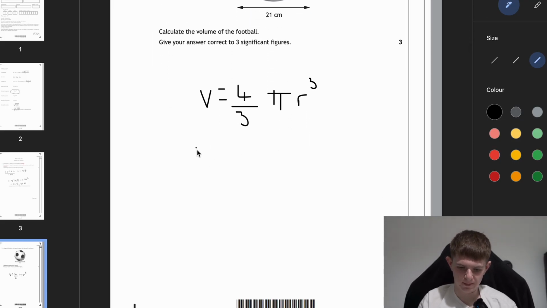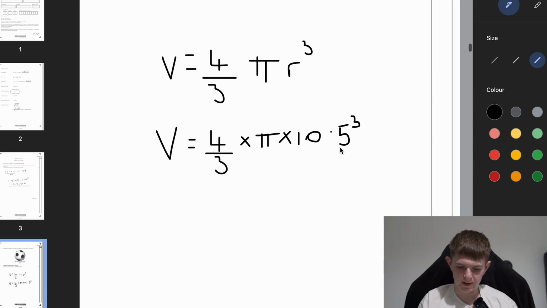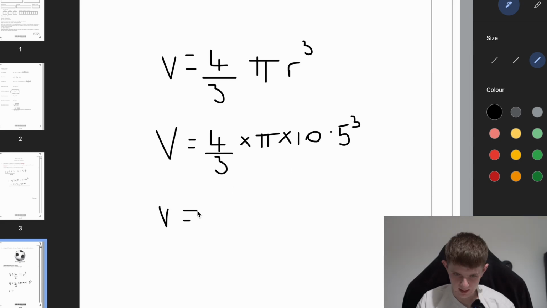So we're just going to sub in everything we know. So we get 4 over 3 times by pi times by 10.5 cubed. Stick that again back in your calculator, and I got out 4,849.